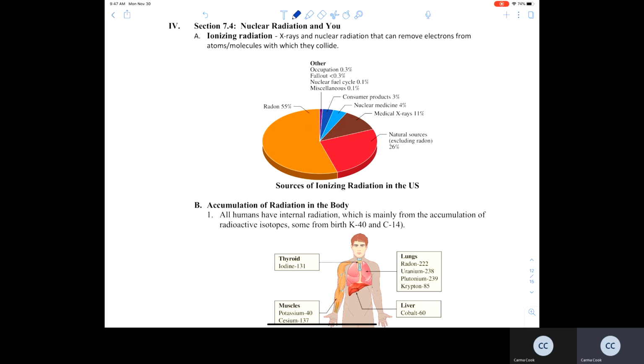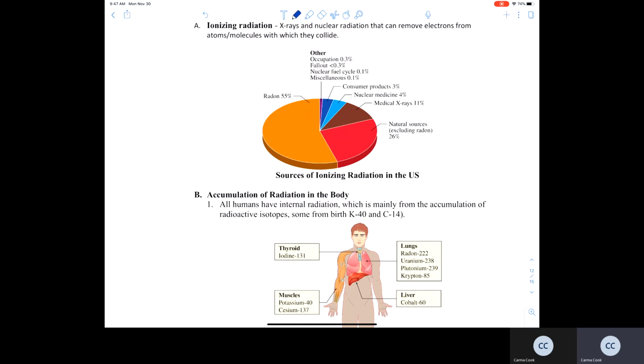So you should only get an X-ray, of course, unless it's deemed absolutely necessary that you need one. And so that's why X-rays are only given when it's suspected that there's something wrong and there needs to be an X-ray done, because you are exposing the patient to ionizing radiation. And that's why it's best to wear protective gear in an X-ray room to only expose a certain area of your body that needs to be exposed to the radiation.